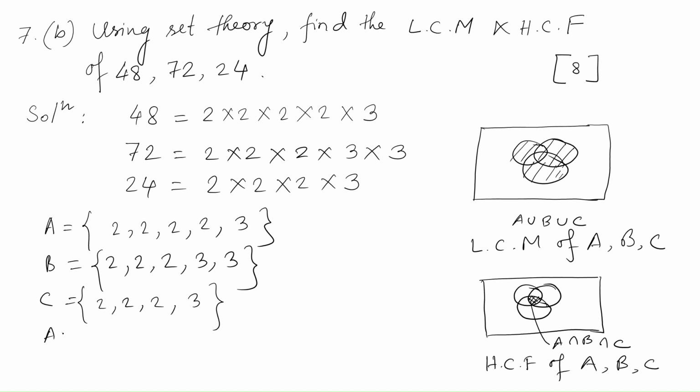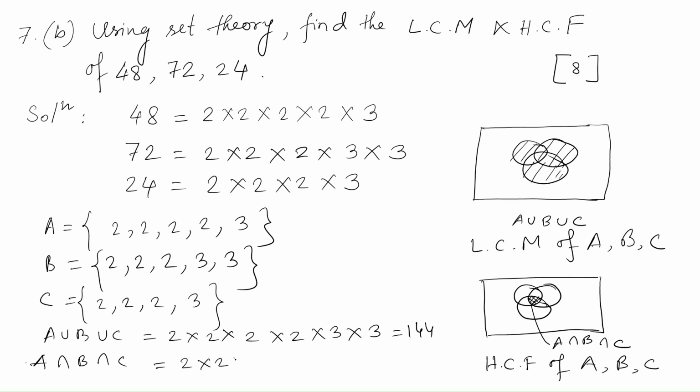Now A union B union C is 2, 2, 2, 2, 2, 3, 3. That is 144. This is the LCM. And A intersection B intersection C is 2, 2, 2, 3. So 24. This is the HCF.